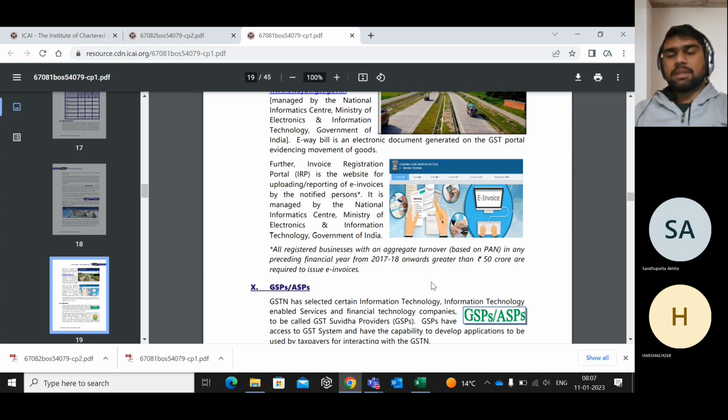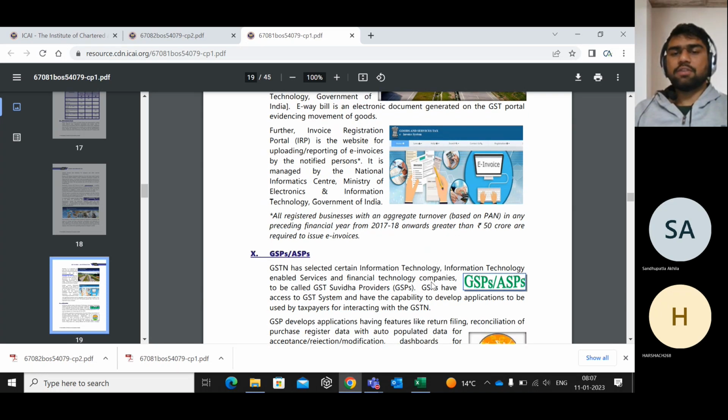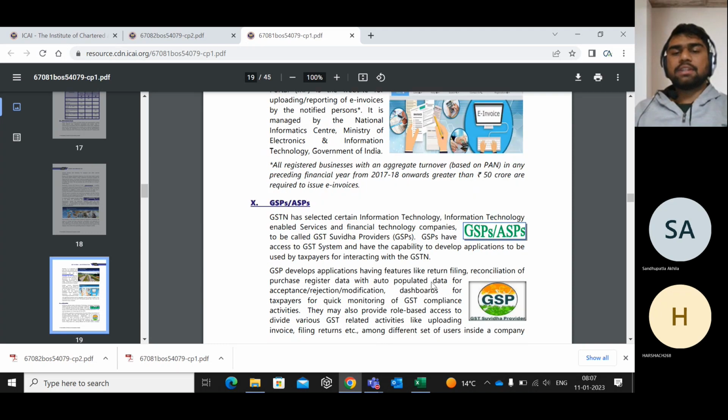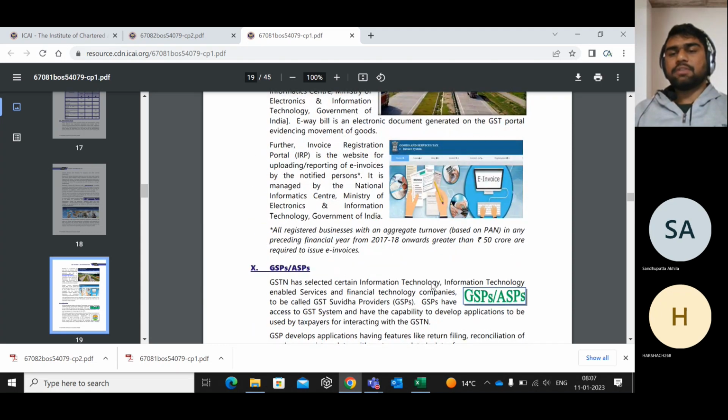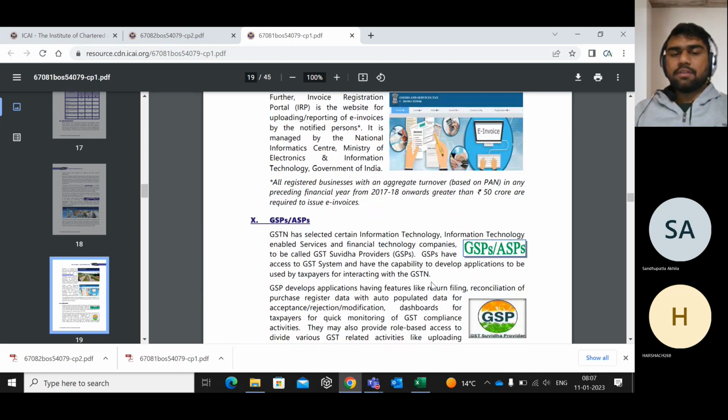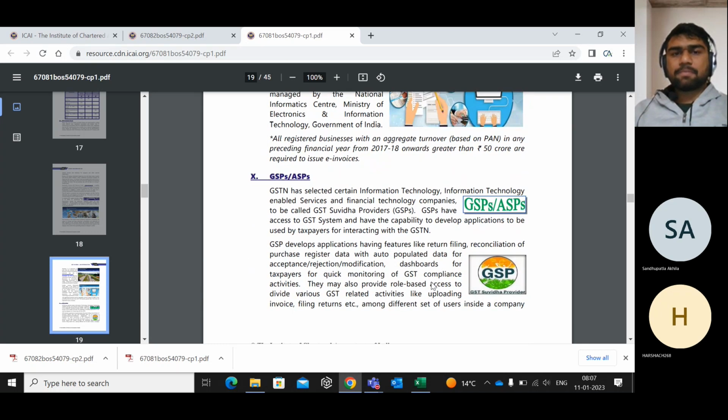If the person crosses the threshold limit of 5 crore turnover in the previous financial year, then he needs to compulsorily issue e-invoices. That means from the portal itself, the invoice will be generated simultaneously with the QR code. There are some requirements of e-invoicing that we will discuss in the upcoming chapters.